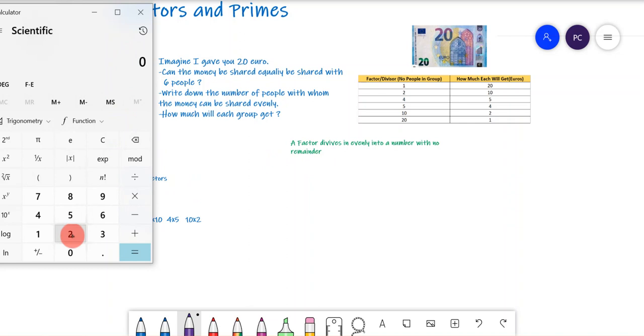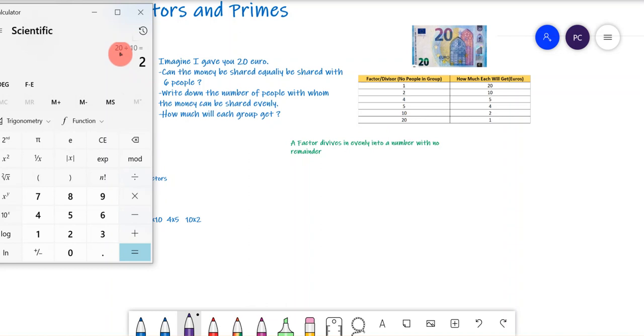And likewise, if we continued on and took the €20 and divided it up between 5 people, each person would get €4. So the number 5 is also a divisor, or what's known as a factor, of 20. If we took the €20 and split it between 10 people, that goes in evenly as well. It divides in evenly with an answer of 2, and there's no remainder.